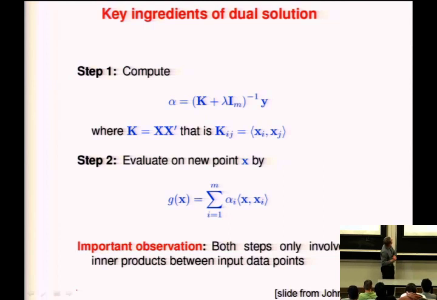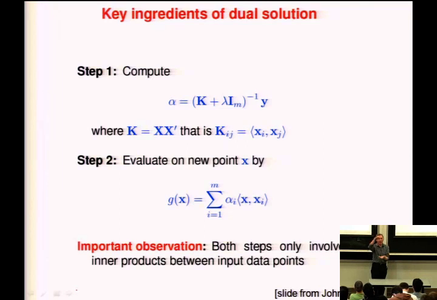And so if we want to do that second one, use the dual formulation in terms of alphas, here's what we do. Step one, we collect our training examples, all the x's and y's. We pack them up into the X matrix where each row corresponds to one of our training examples. The y vector is just the vector of the different y values. And then we compute alpha, which is going to be our vector of weights for each training example.